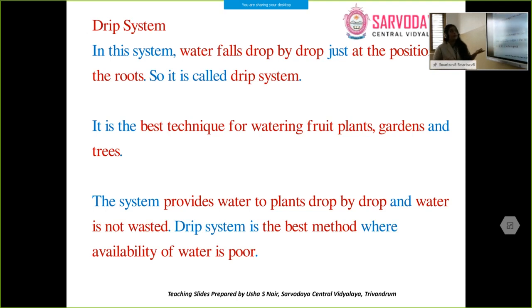Just one or two lines, which you can see in the text as well as in the slide. Drip system is a teacher's favorite, so you have to know this. Mostly they don't ask you to explain the sprinkler system, its structure and how it is done. They just ask where it is useful. Here, for the drip system, you have to know what it is. So you cannot leave our dear drip system.